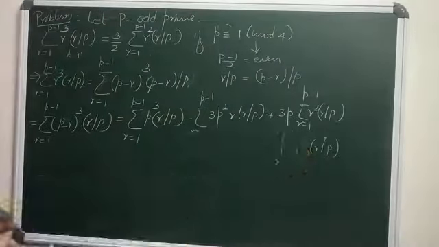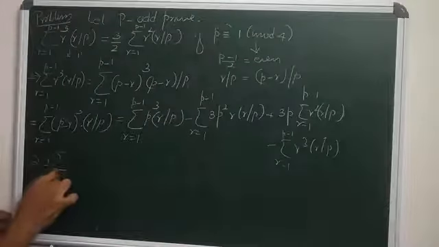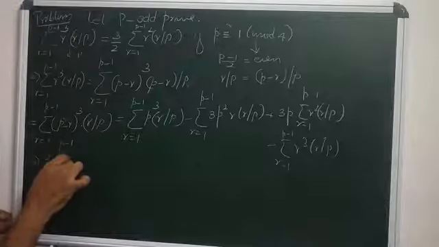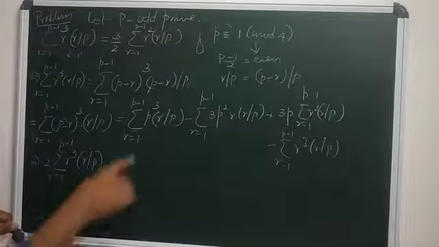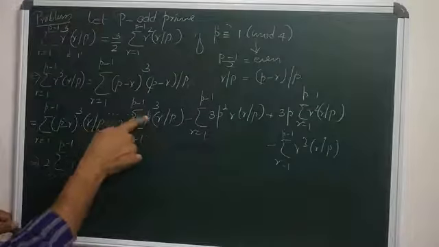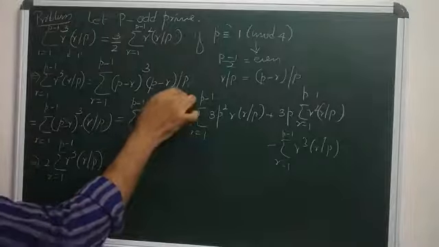So you can bring the last negative term to the left side. It will become 2 into sigma R ranges from 1 to P minus 1 of R cube into R by P, which is nothing but, we know that P cube goes outside of the summation. So we know that sigma R by P goes to 0.